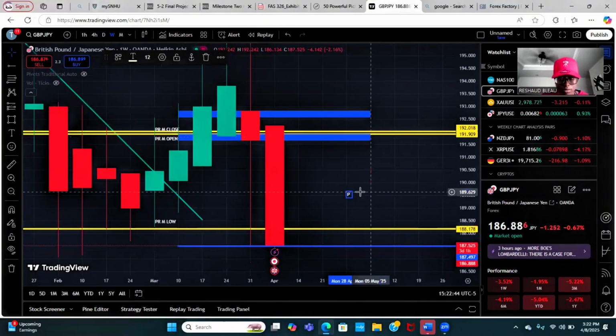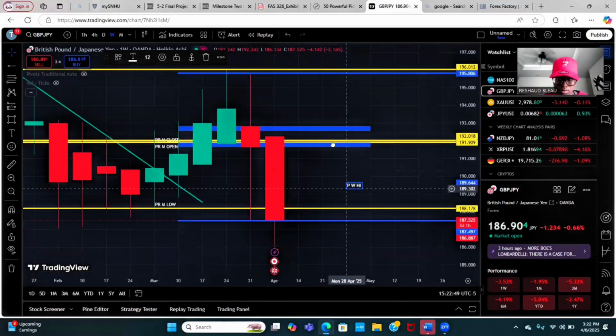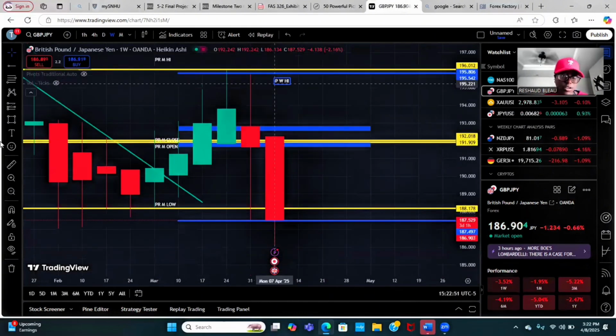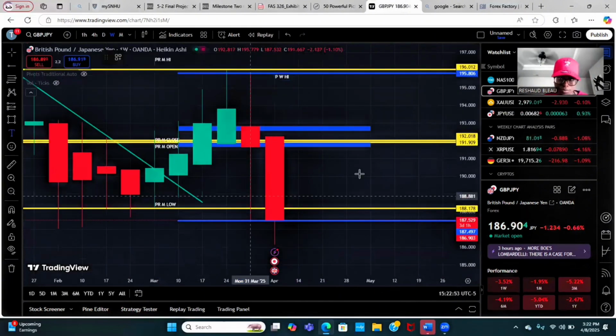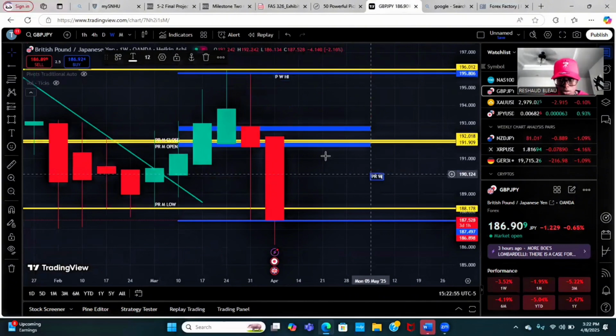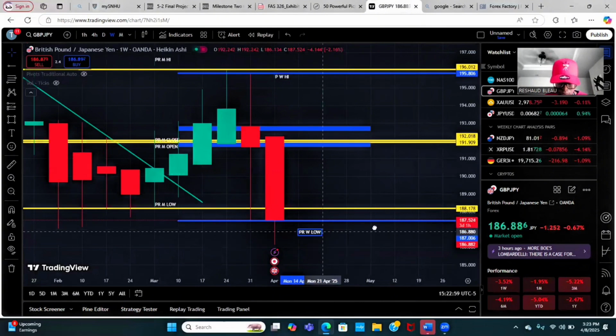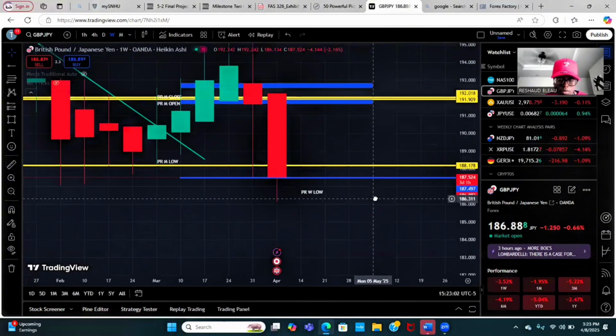Previous weekly high is there. Previous week low is here.